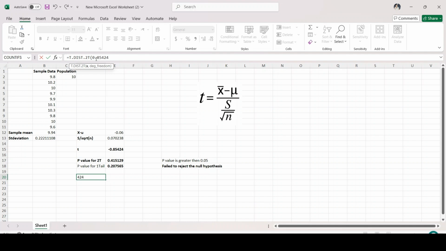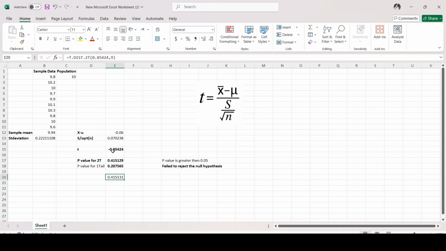0.85424, right? So for absolute values, it will not consider the symbol if the value is negative. Here, with degree of freedom 9, the values are both the same, right? Here we have used the ABS absolute function, and here we didn't use the negative symbol.